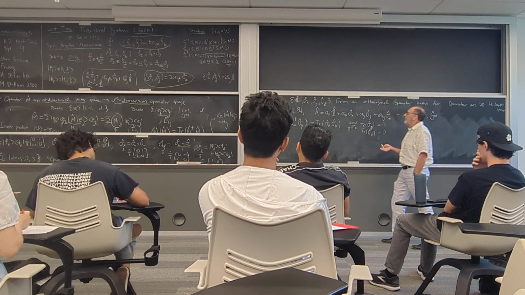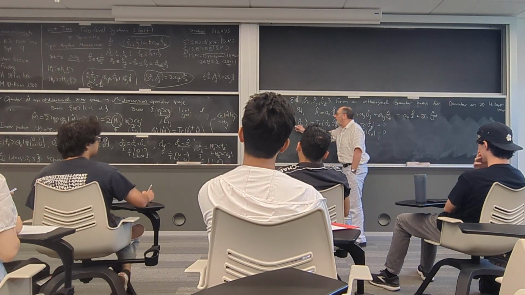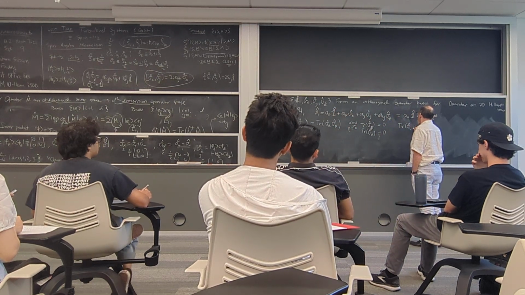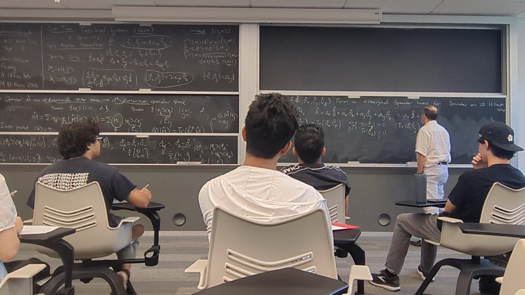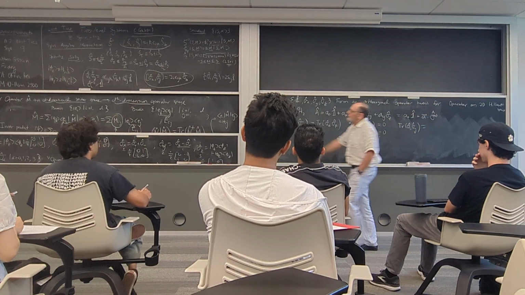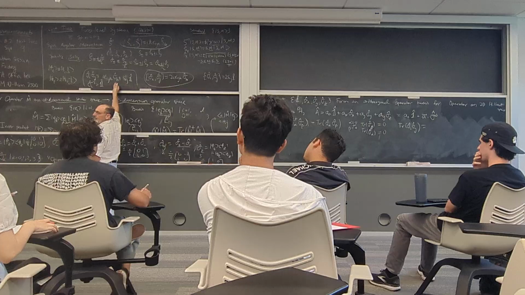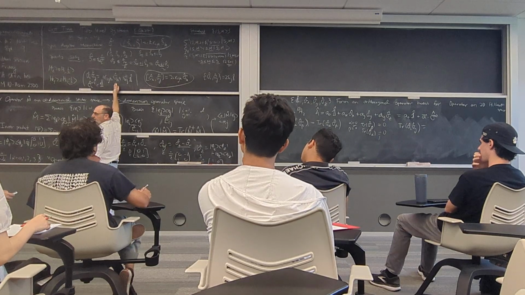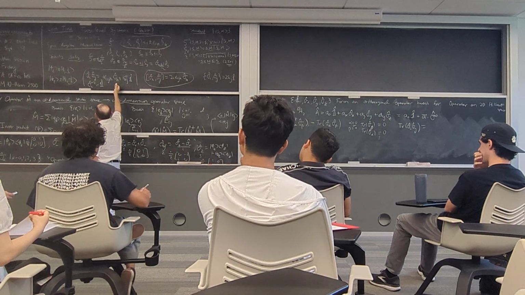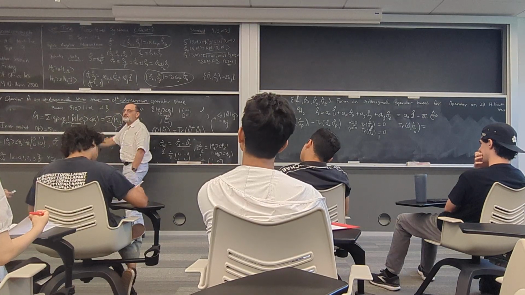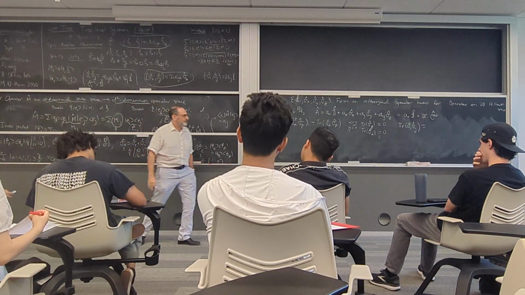And if neither of them is 0, then alpha is i or j, and I can look at the trace of sigma i with sigma j, and what is that? Well, it's the trace of sigma k, which is 0, plus delta ij times the trace of the identity, which is 2.